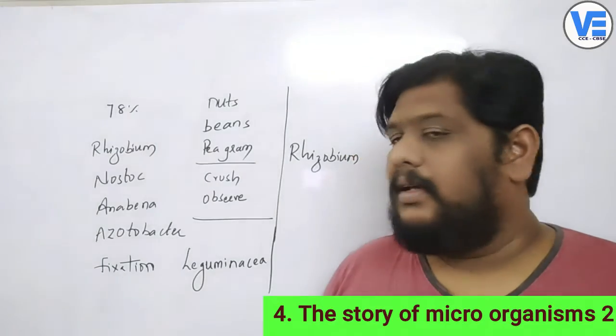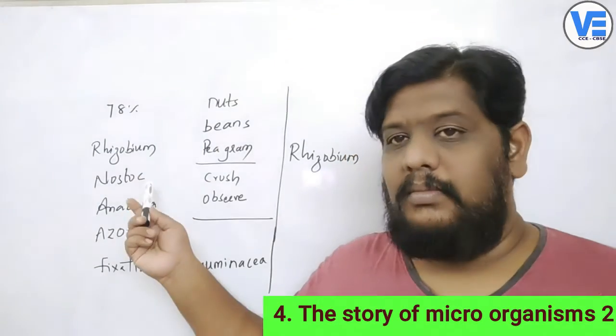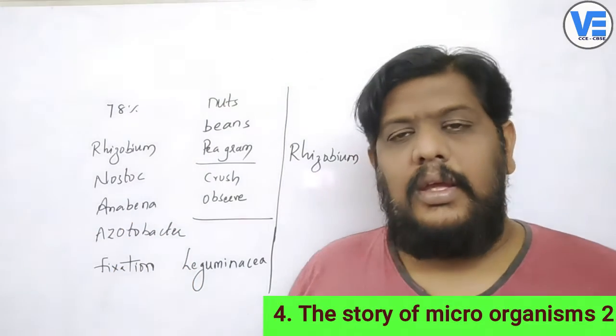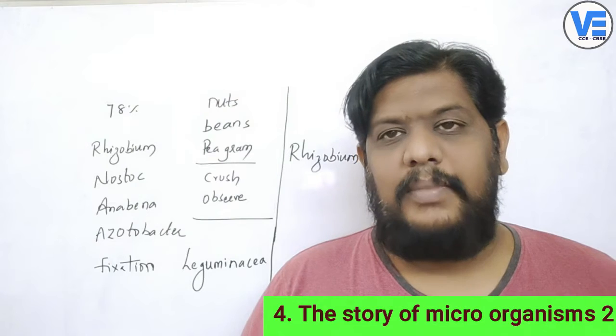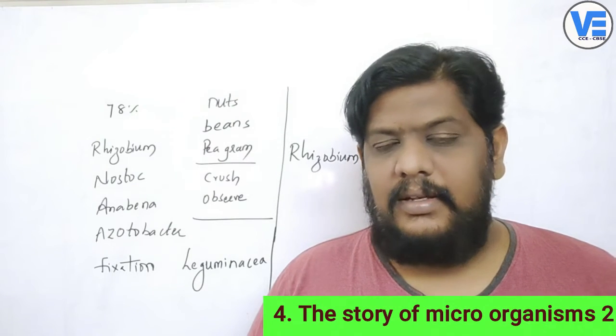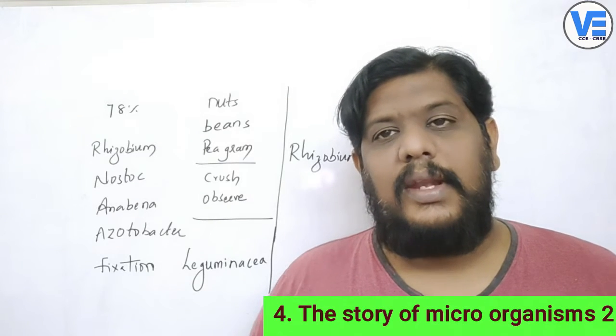So there are different microorganisms like Rhizobium, Nostoc, Anabaena, Azotobacter. Okay, all this kind of microorganisms will do is fix the nitrogen and convert it in such a way that plants can utilize it.